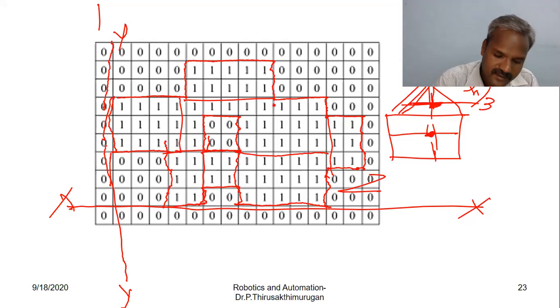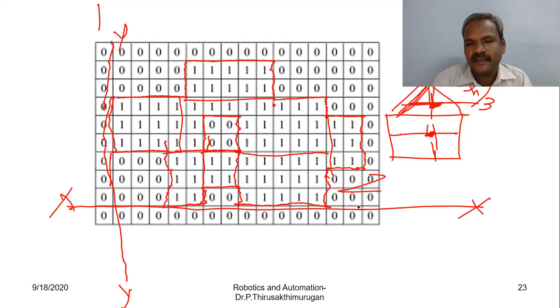This point. So what is the center of gravity for the entire object? This vertical line is common, same symmetrical. But in the horizontal x line, where will it lie?